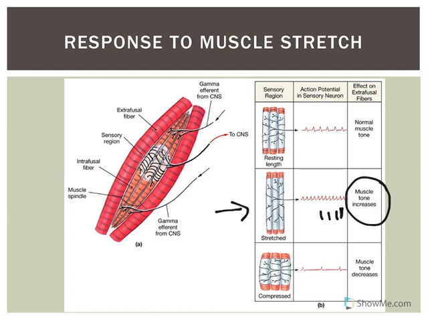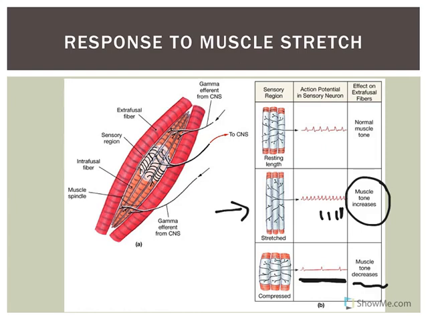If you stretch a muscle, the ultimate result would cause that muscle to contract. So they say muscle tone increases. If you compress a muscle, it's contracting. The frequency, since you're not stretching it, is less, and muscle tone decreases. So it's detecting changes in muscle length and sending that information to the central nervous system.